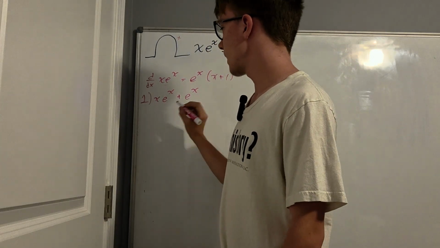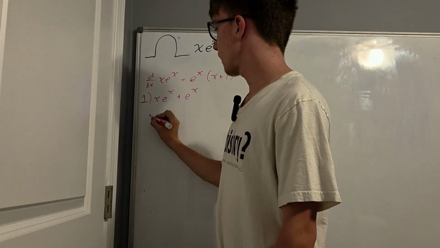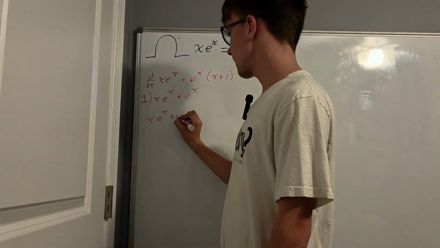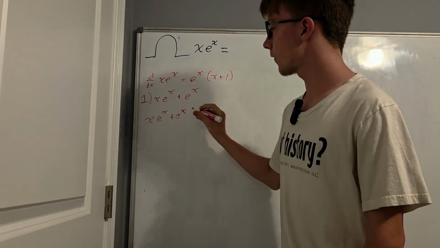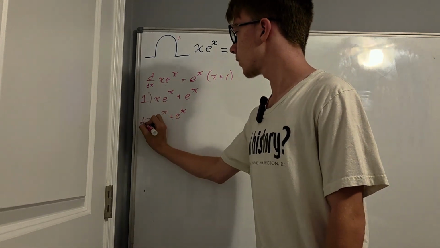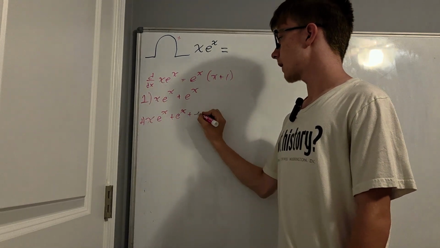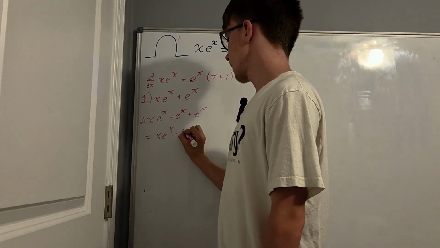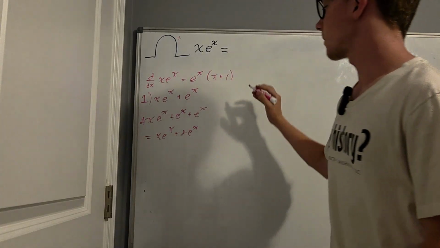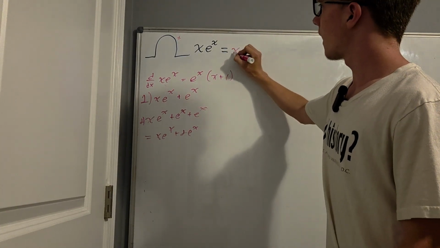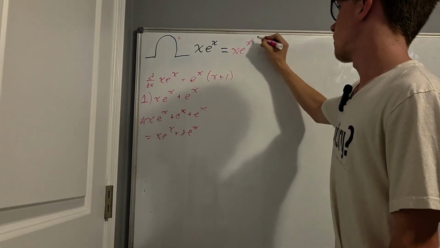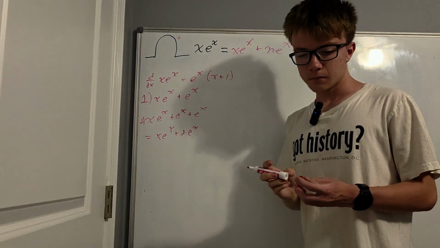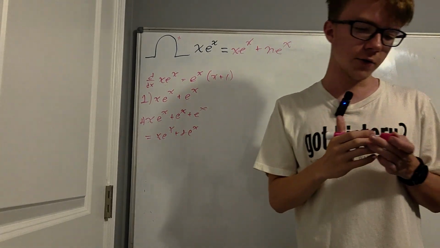So now if we take that, we get x e to the x again plus e to the x, because we're just taking the derivative of that. Do that. Plus e to the x from here. X e to the x plus 2e to the x. No matter how many times I do this, I'm just going to get x e to the x plus n e to the x. Now, a little bit more difficult, but not too much worse.